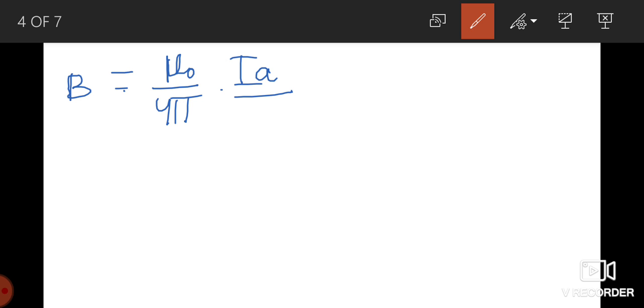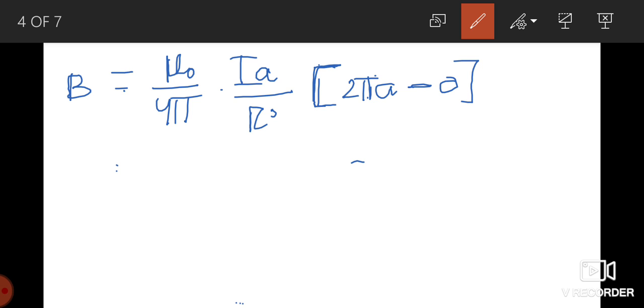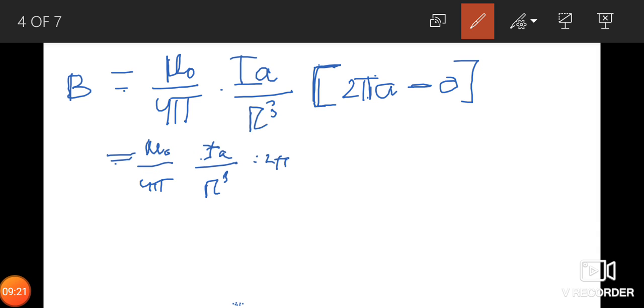So B equals mu 0 by 4 pi into I a divided by r cube, into 2 pi a minus 0, which gives mu 0 by 4 pi, I a by r cube, times 2 pi a.